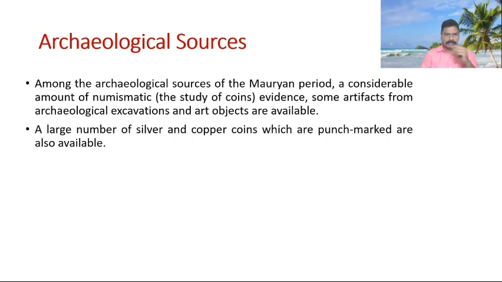evidence. A large number of silver coins were found from this period, that means the Mauryan period. The Mauryans issued a large number of silver coins. The Mauryan silver coin is called pana, and the copper coin is called kakini.